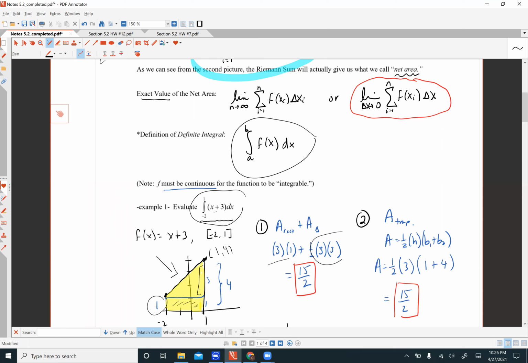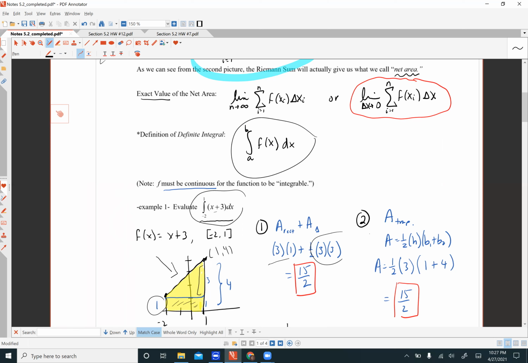And then the triangle: the height there is 4 minus 1, or 3, and the base is 3. So the area of the triangle is 1/2 times 3 times 3, and the area of the rectangle is 3 times 1. So the total area of the part that's shaded in yellow is 15/2.